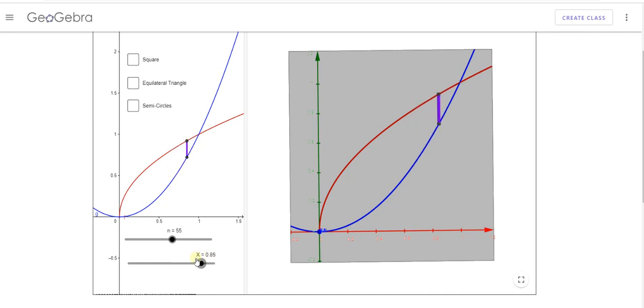You can only have these rectangles from the beginning of the interval, in this case 0, all the way up to the right endpoint, which is at 1. And when we sum those, that would give us the area between the curves.